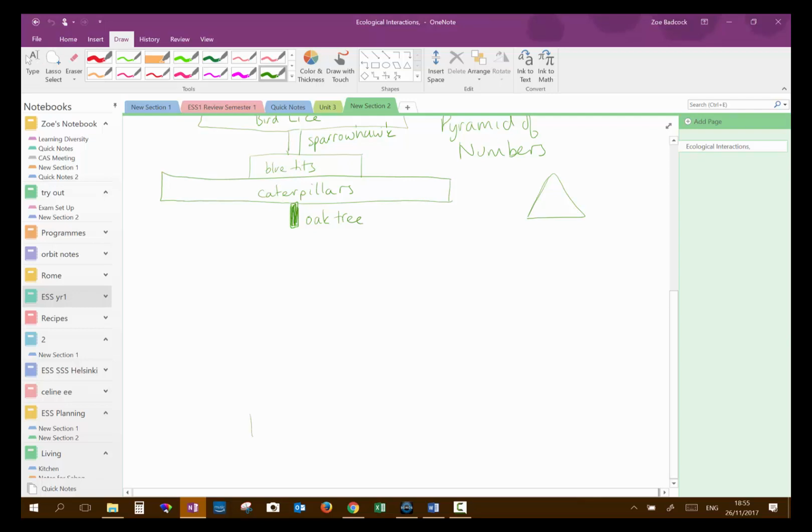And for this one, if we look at the pyramid of biomass, it's going to be much more of a normal pyramid shape, because the biomass of an oak tree is actually enormous, and it's far greater than the mass of caterpillars on the oak tree, and indeed of the blue tits and the sparrowhawk and the bird lice.